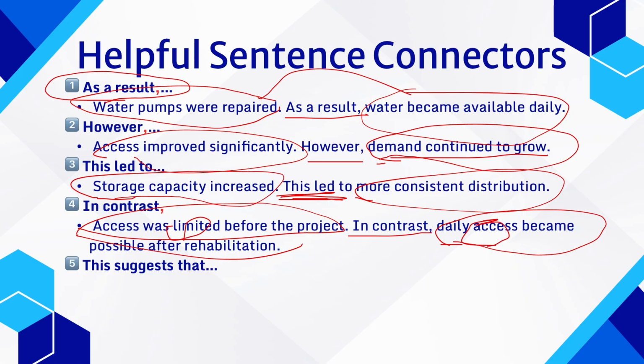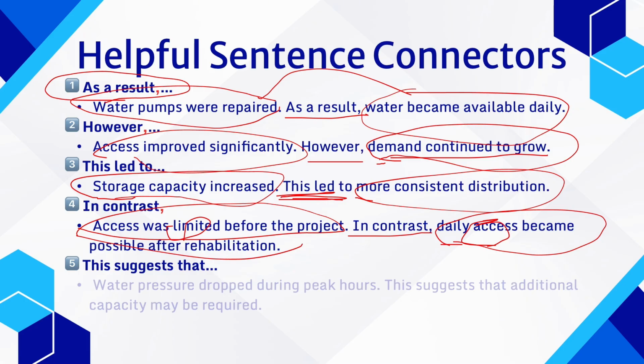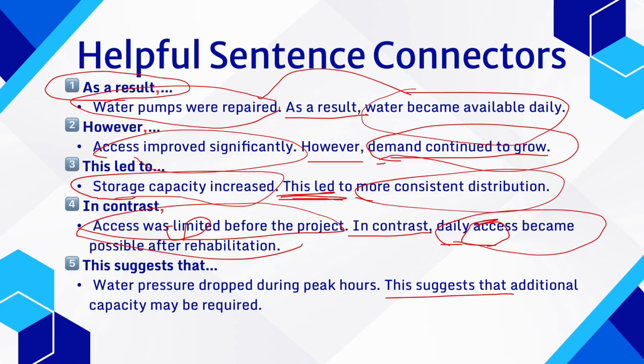So we can say in contrast to show that there is a contrast between these ideas. And finally, this suggests that water pressure dropped during peak hours. This suggests that additional capacity may be required. So this suggests that is when you're making a prediction or a guess, but often a prediction, because this suggests points to evidence.